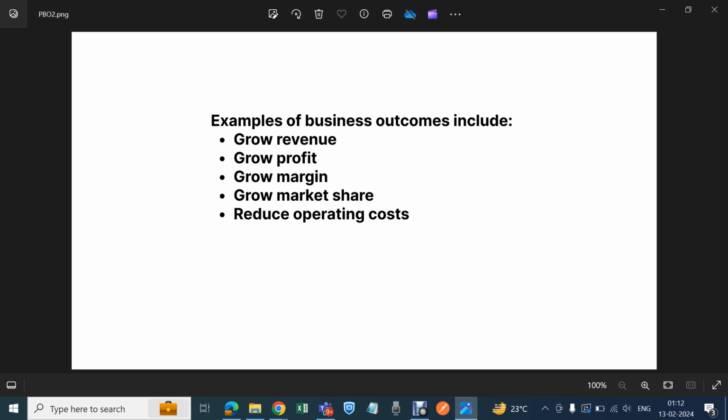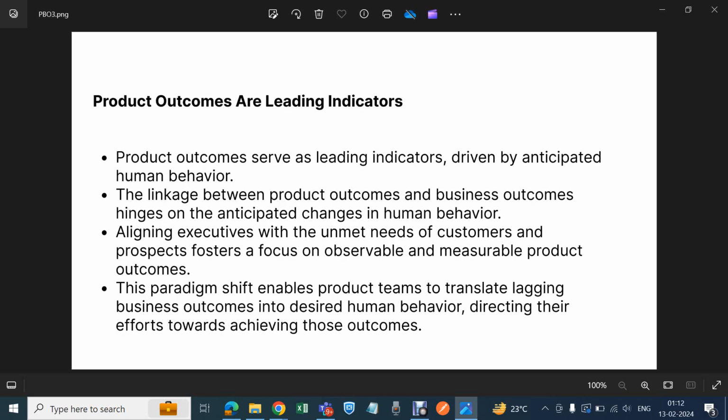Then we have a second concept called product outcomes, and as I already mentioned, these are called leading indicators. These are the indicators that actually lead the business outcomes. Whatever happens with the product outcomes, you can assume a similar shift with the business outcomes as well.